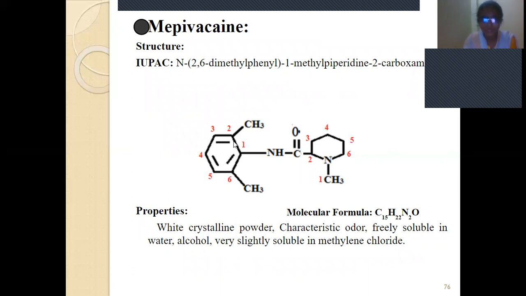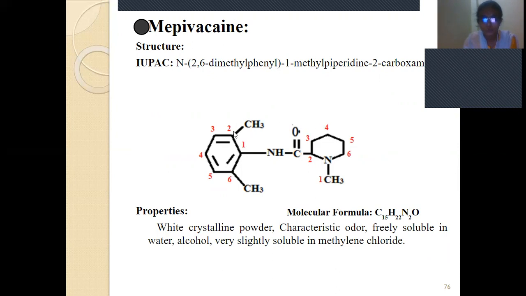See, this is the phenyl ring with methyl groups in the second and the sixth position, and this is the carboxamide, and here is a piperidine with a methyl group on the nitrogen.